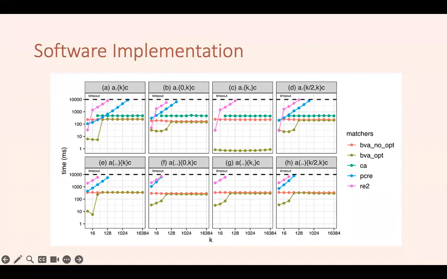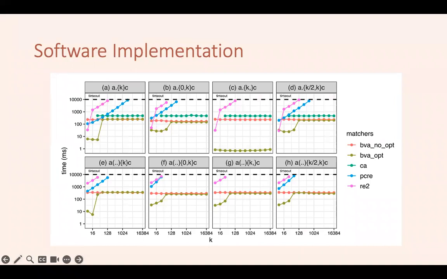And then the BVA ones are ours. On the x-axis, the value of k is changing, and k is basically this counting constraint over here. And over here, this dot basically is sigma.